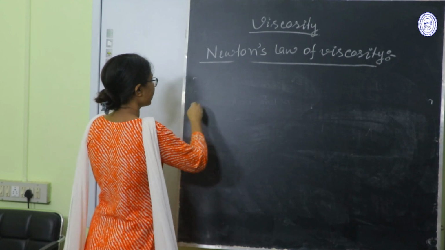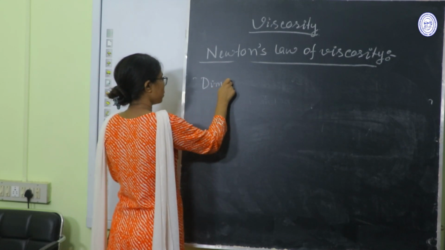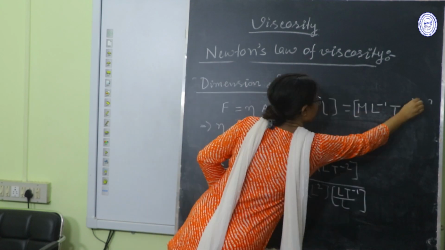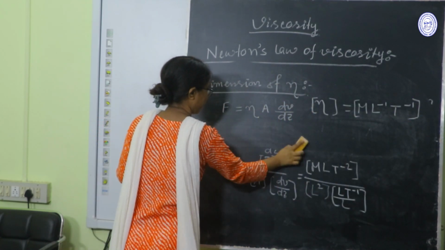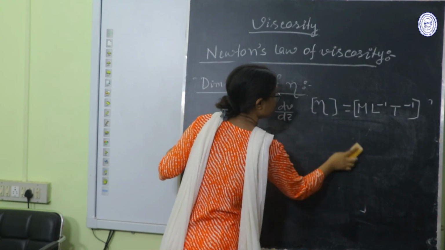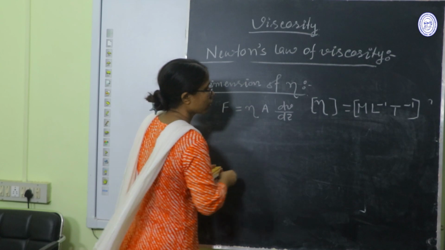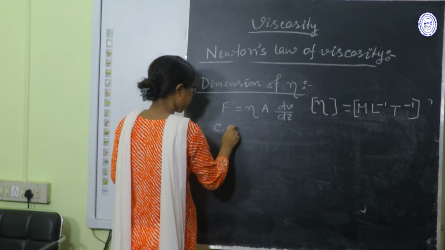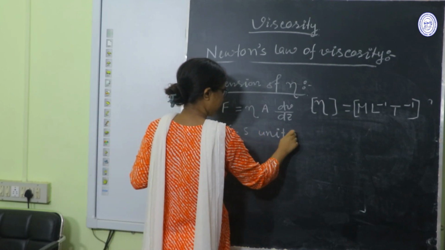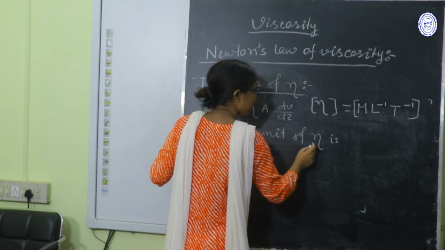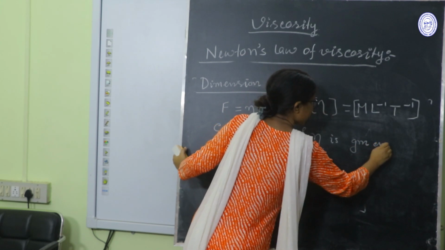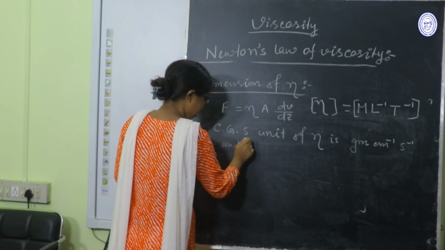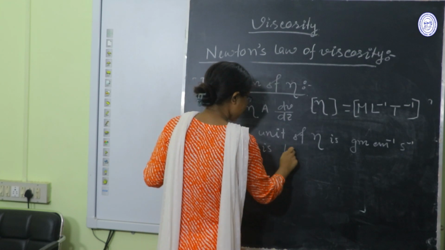Now, the dimension of eta. From these relations we can easily say the CGS unit of eta is gram centimeter inverse second inverse, and it is known as poise.